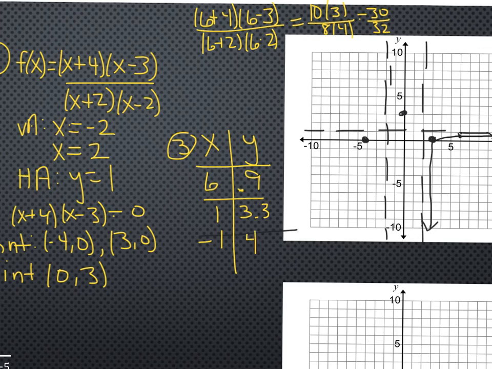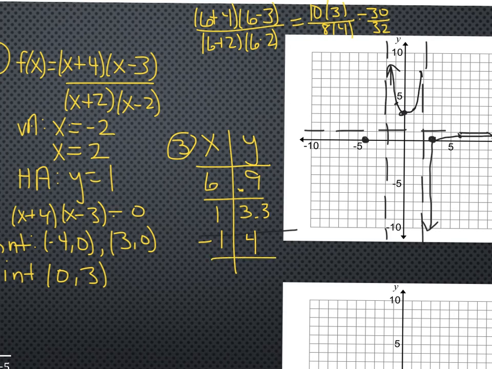So 1 and 3.3 is somewhere about here. And negative 1, 4. And remember, we're going to approach those asymptotes.